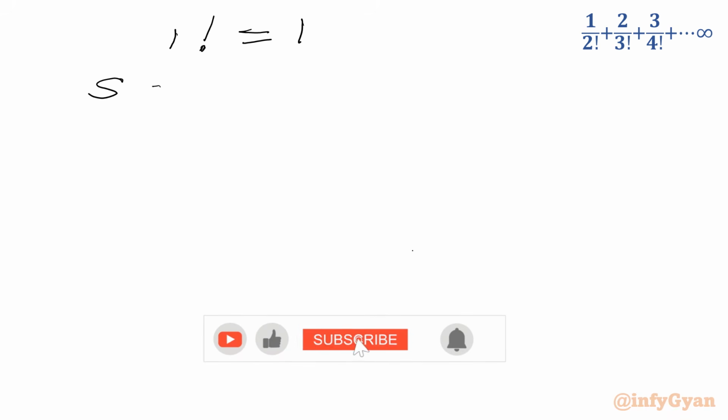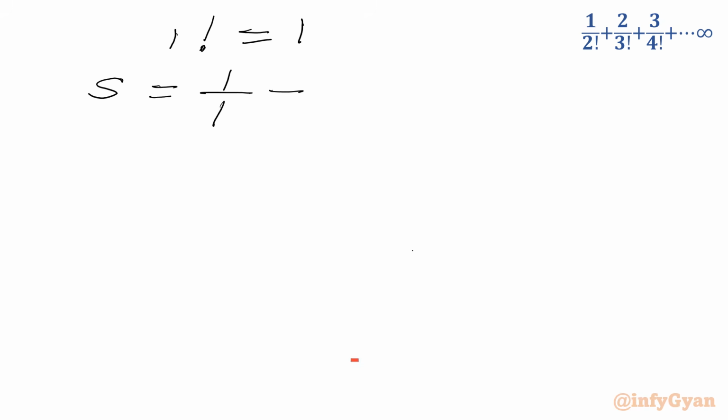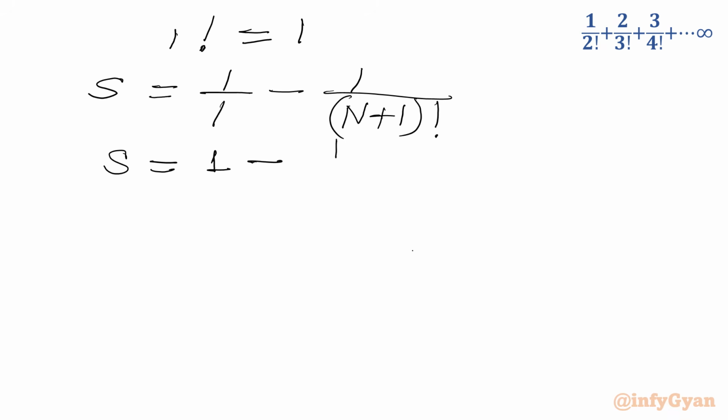S will become 1 over 1 minus 1 over (n plus 1) factorial. 1 over 1 is 1. So S will be 1 minus 1 over (n plus 1) factorial.